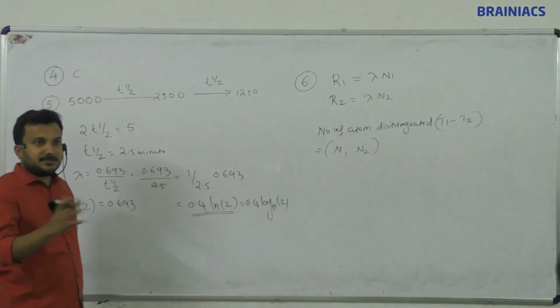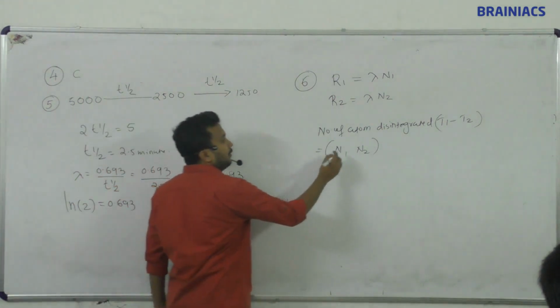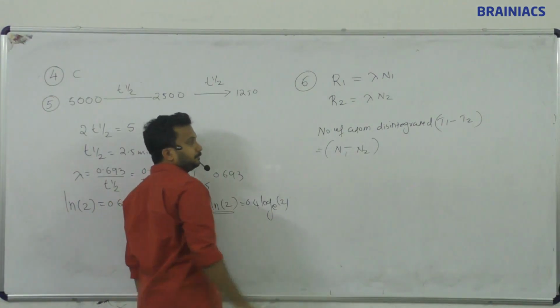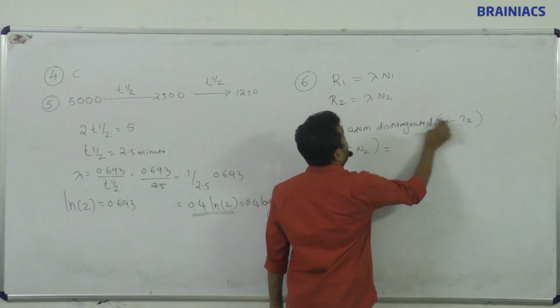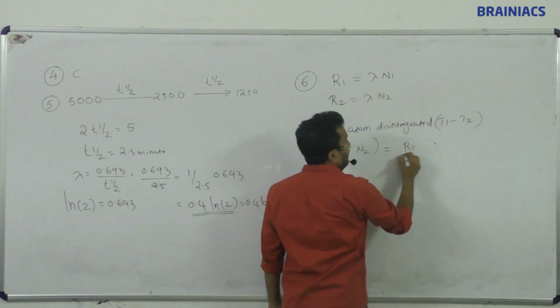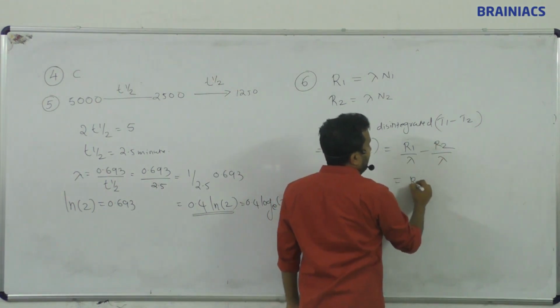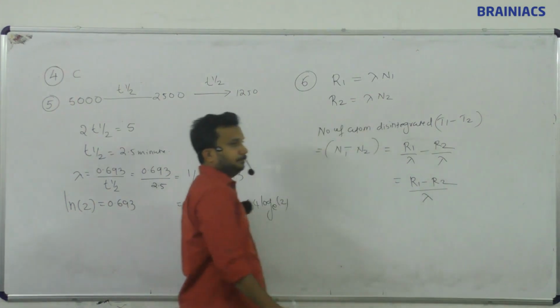So the number of atoms disintegrated, lost in between these two stages, is N1 minus N2. What is N1 minus N2 from this equation? N1 is R1 by lambda minus R2 divided by lambda, so R1 minus R2 divided by lambda.